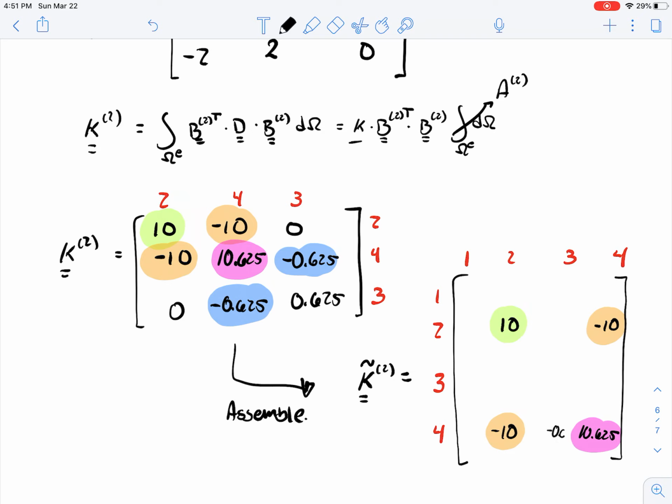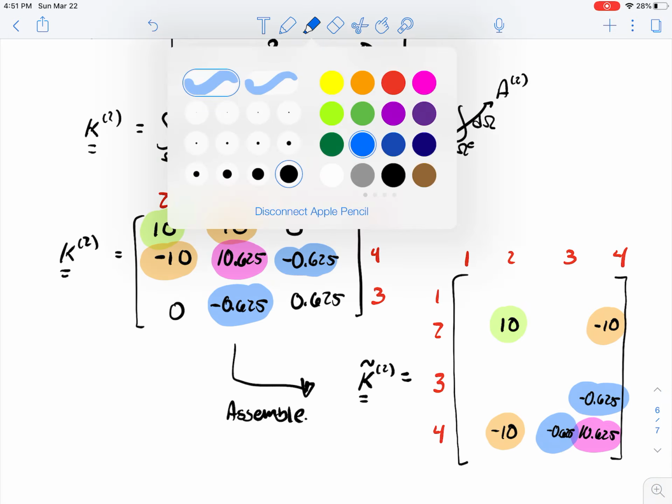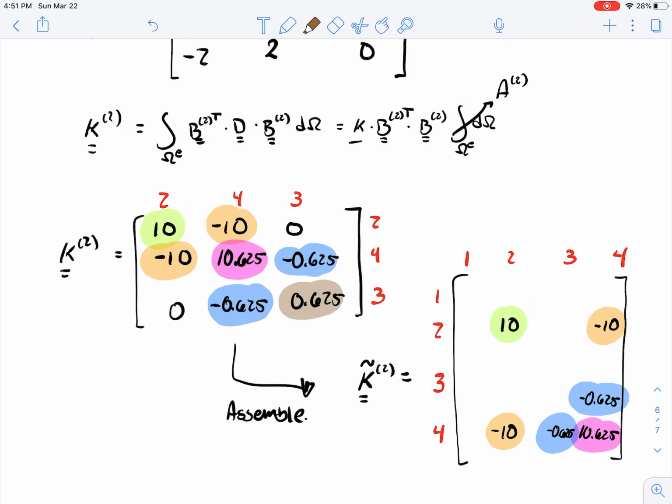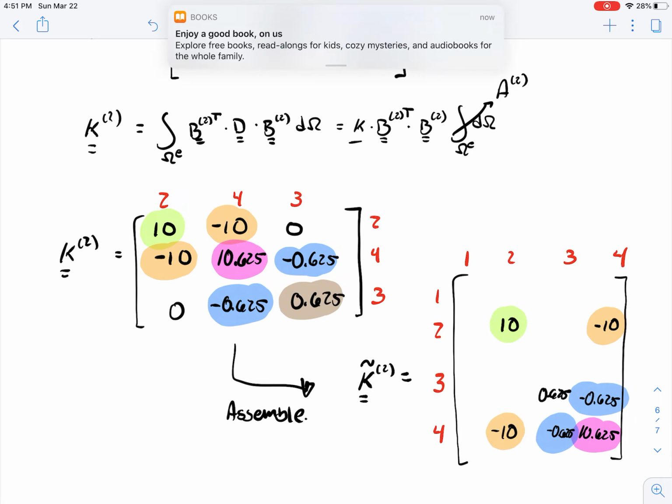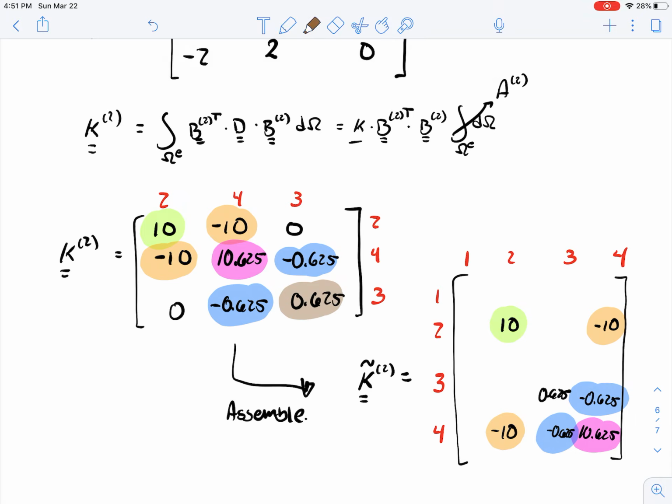So 4, 3 right here minus 0.625, and 3, 4 minus 0.625. And finally, this one, which is 3, 3. So that one is 0.625. And the rest is zeros.